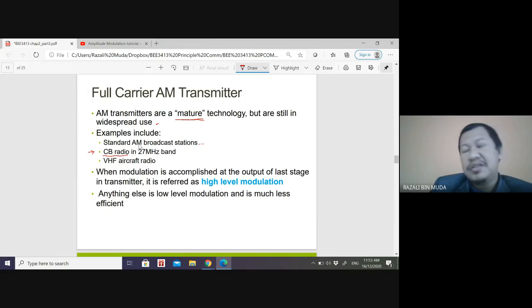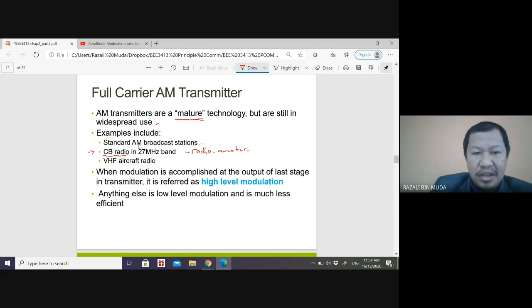I think this is radio amateur, where citizens can communicate among themselves. Whoever has this set of CB radio can communicate among themselves for certain uses, like for disaster or for hobby, for example.